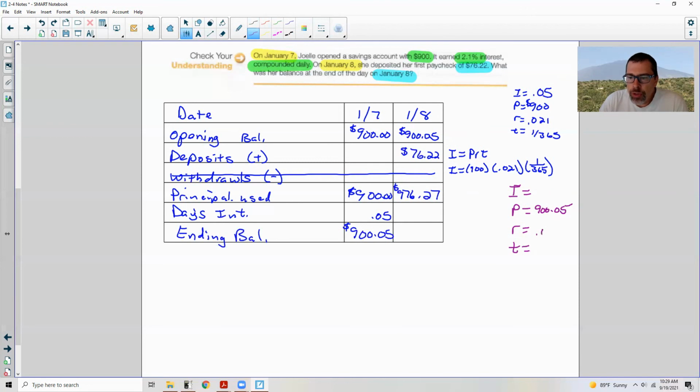The rate is still 0.021. And this time it's again 1 day out of 365. All right, so I equals PRT. I equals 900.05, 0.021, 1 over 365.